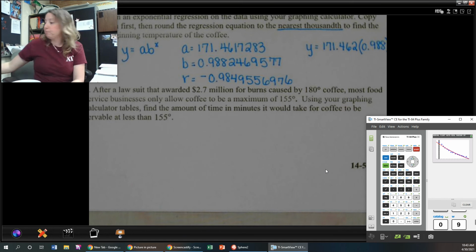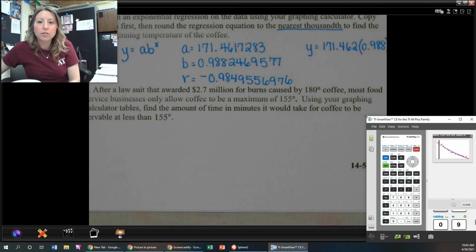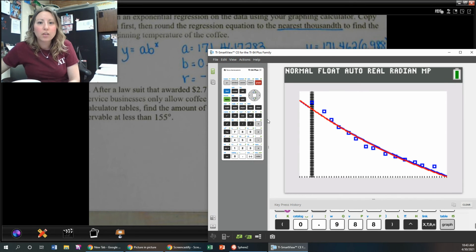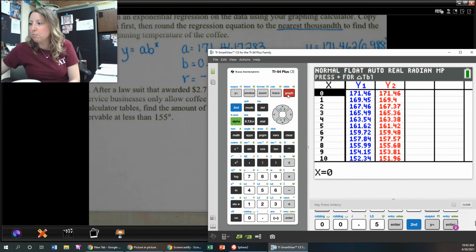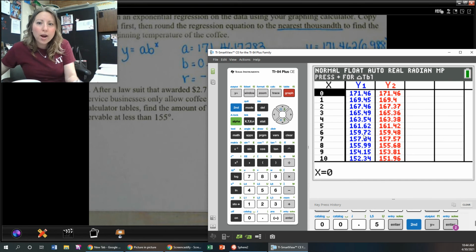So let's take a peek. Let's make our graphing calculator a little bit bigger again. And let's press second and graph to see our tables of points. Okay, our y-intercepts are pretty accurate. Some changes here as we go down the line, but we're looking for where we have less than 155 degrees.